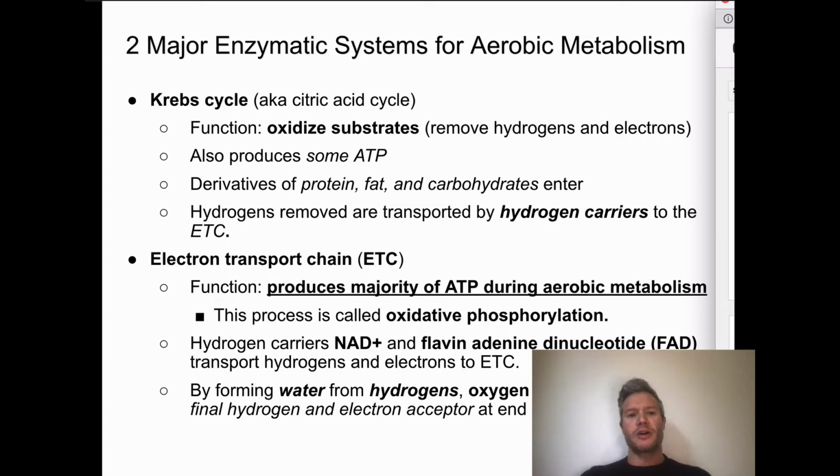Krebs cycle oxidizes substrate. So we'll talk about what a redox reaction is chemically. And what essentially goes on is this kind of removal or moving of hydrogen atoms and transferring of electrons between different chemical compounds throughout the Krebs cycle.